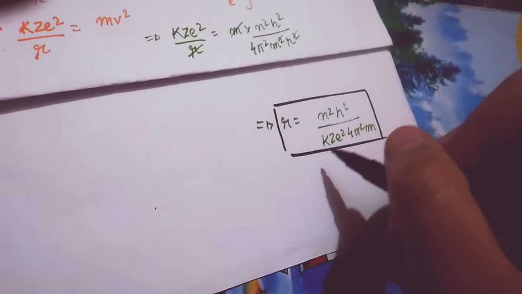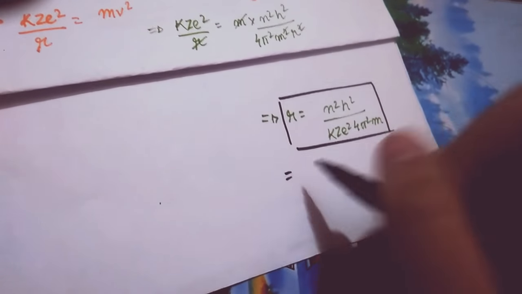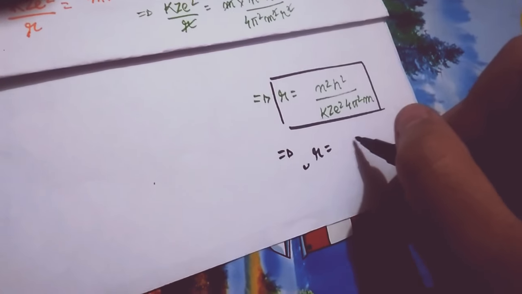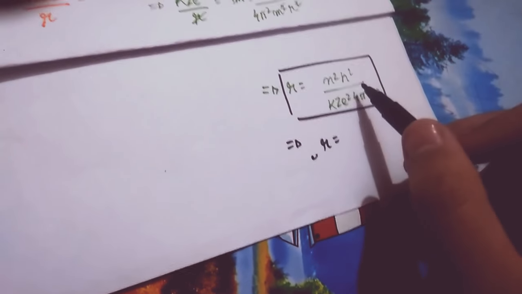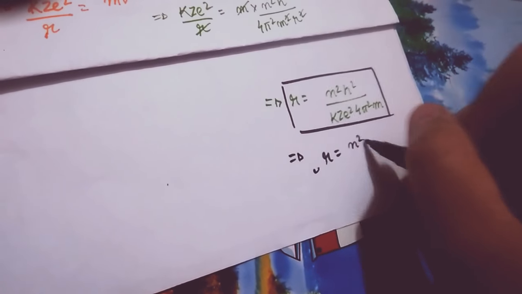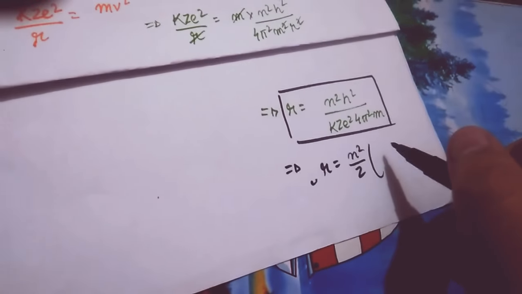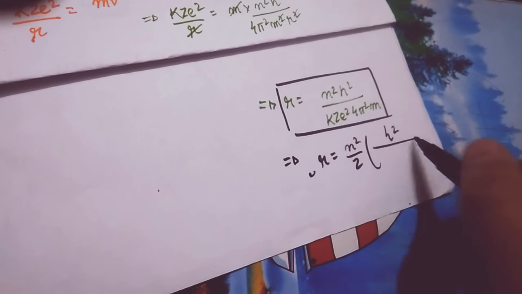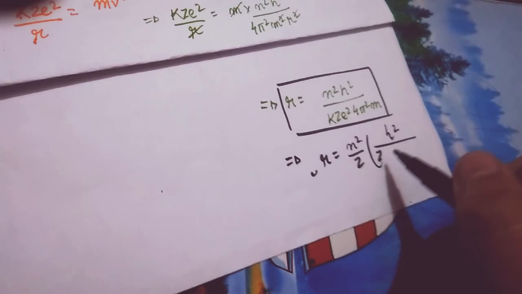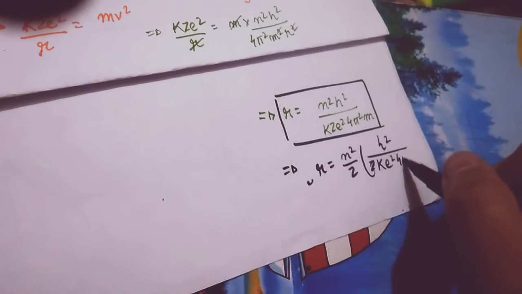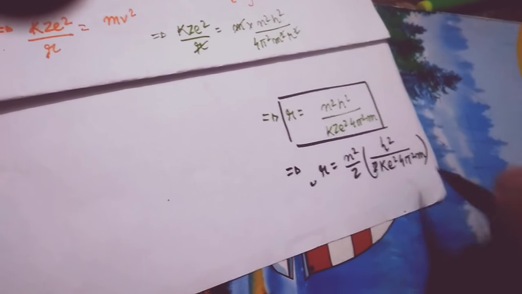So this implies that r is equal to, now you see that the only variables here are n squared and Z. So we can write n squared by Z, whole multiplied with h squared divided by k e squared 4 pi squared m.